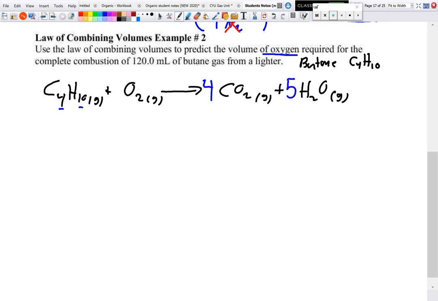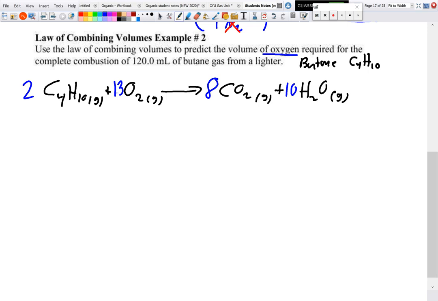We got 10 hydrogens, so we go 5. Now, when we try to add this together, we got 4 times 2, which is 8, plus 5, that's 13 oxygens. So we know O2, 13 does not work, so we are going to have to multiply everything by 2, right? So this turns into 2, 8, 10, and 13.